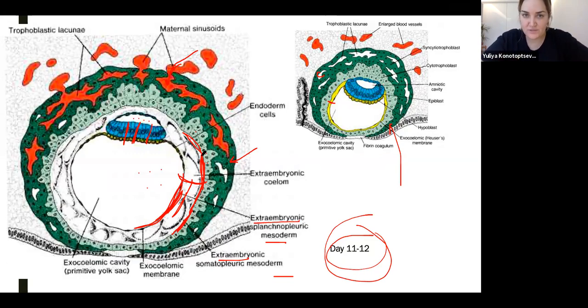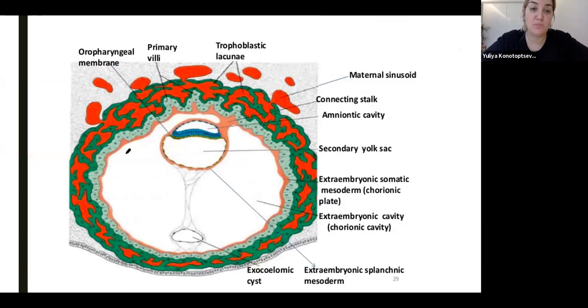Okay, last thing for these slides. These spaces which are within the Heuser's membrane, between somatopleuric and splanchnopleuric mesoderm, want to become confluent. These spaces want to fuse. They want to become one huge cavity, and this is what you can see on this picture. Do you see this huge cavity right here?